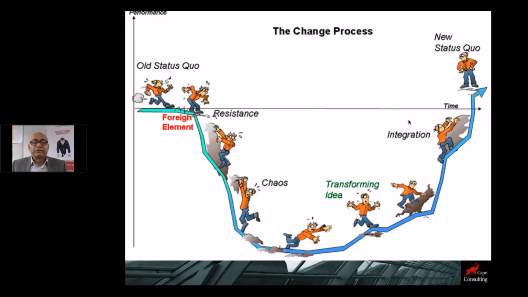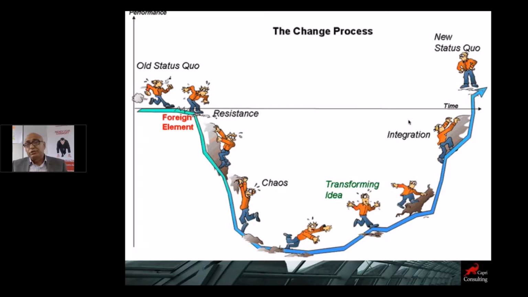You show some resistance, you start resisting change because we all hate it. Once we start showing resistance, it becomes chaotic for everyone. I think that is when most things start failing, because it's chaotic, it's not in order, and we are all panicking during the change.